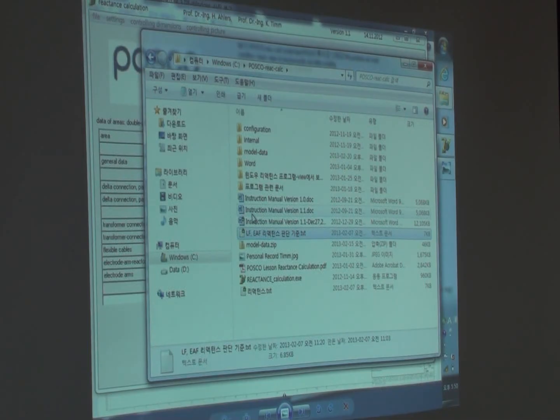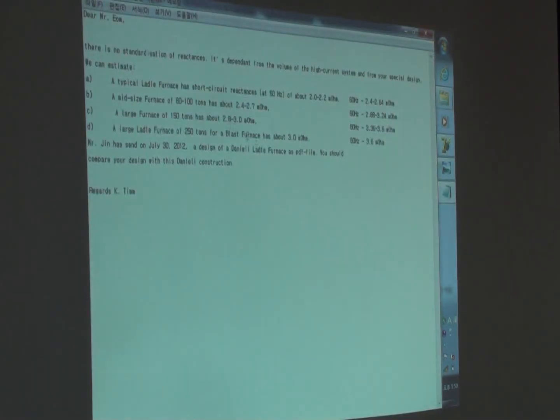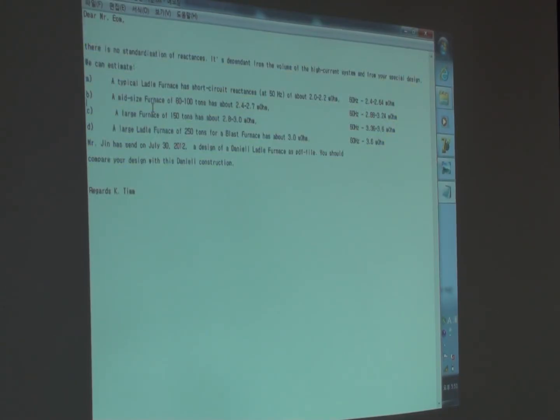More questions to your construction? You have another construction? Is it possible for the ladle furnace? These are typical values for ladle furnace.